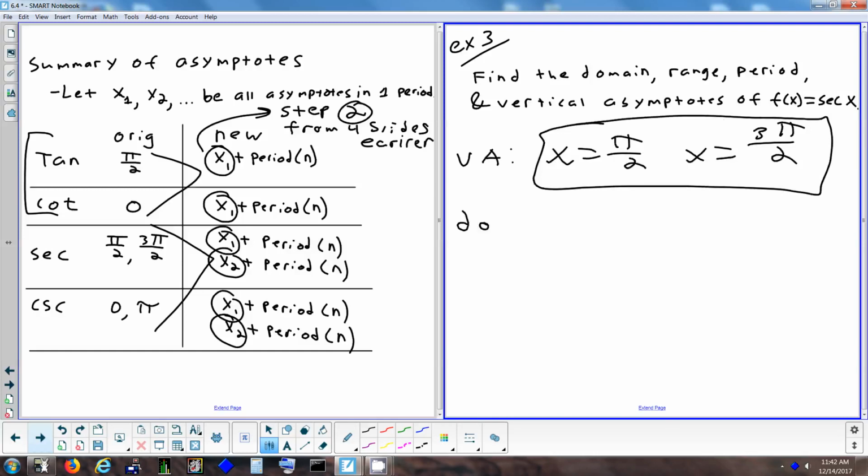And the reason I started with that is because now the domain is easy. The domain is every number that's not an asymptote. So I'm just going to write that. So domain is all values except the vertical asymptotes.